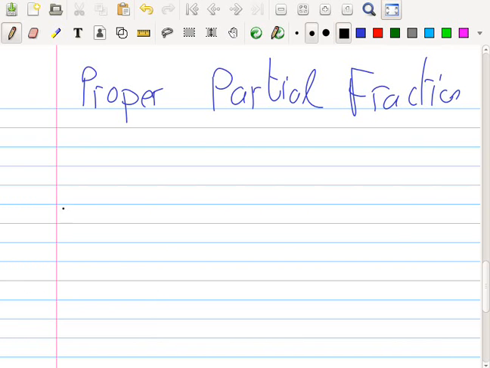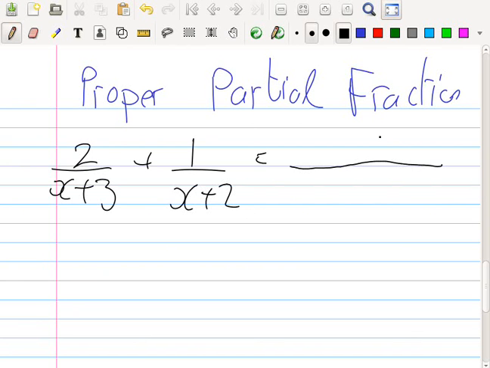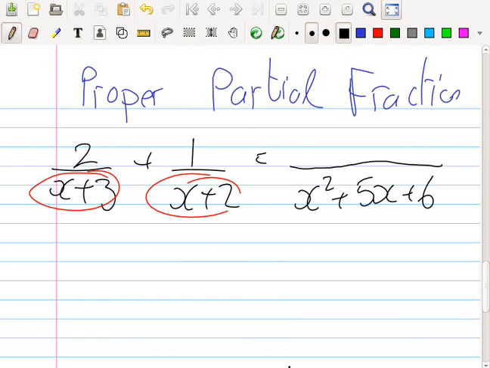Okay. Hey, look. Look up. So if you want to add these together, you know the quick way to do it? Remember, we multiplied the denominators. Yes? You get x squared plus 5x plus 6.